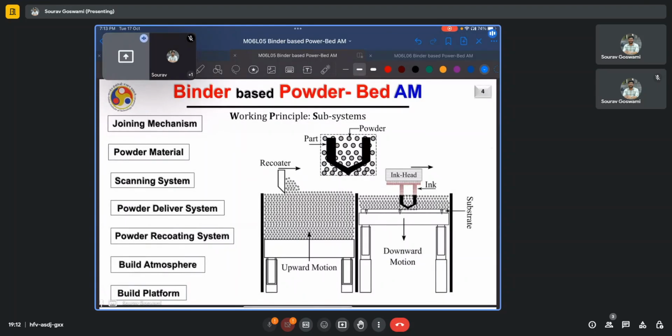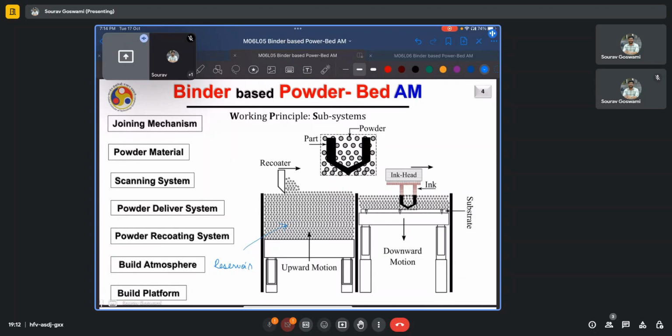So here is the subsystem level classification for the binder based powder bed AM processes, as well as a schematic. This schematic is similar to other powder bed based processes where there is a reservoir of powder which feeds the powder to the recoating system. Now this feeding motion can either be a top feeder or a bottom feeder.